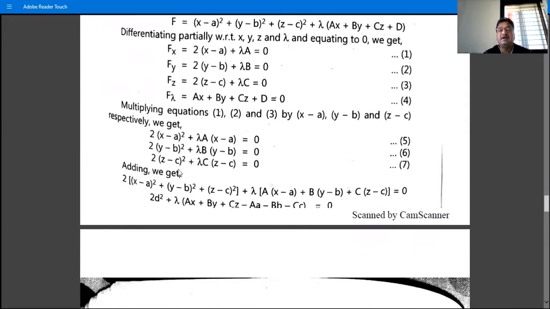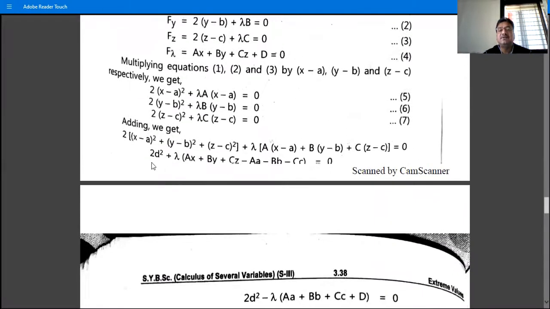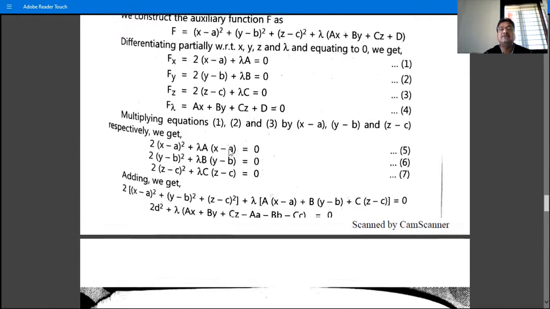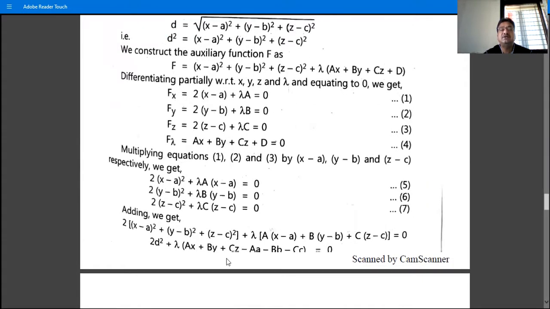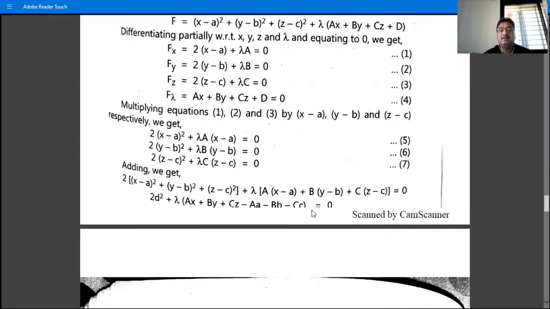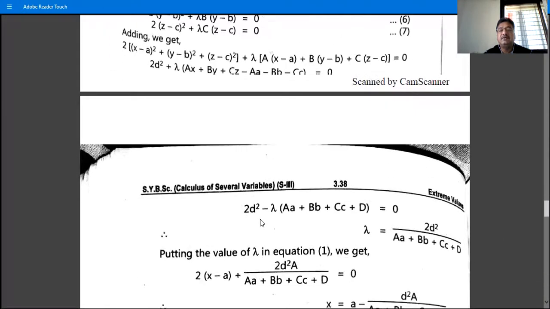We have this, and adding these three equations, we have this bracket, that is the value of x minus a bracket square. Take 2 as common, and the value of this bracket square is d square, and then we have lambda is equal to 2d square by a square plus b square plus c square.